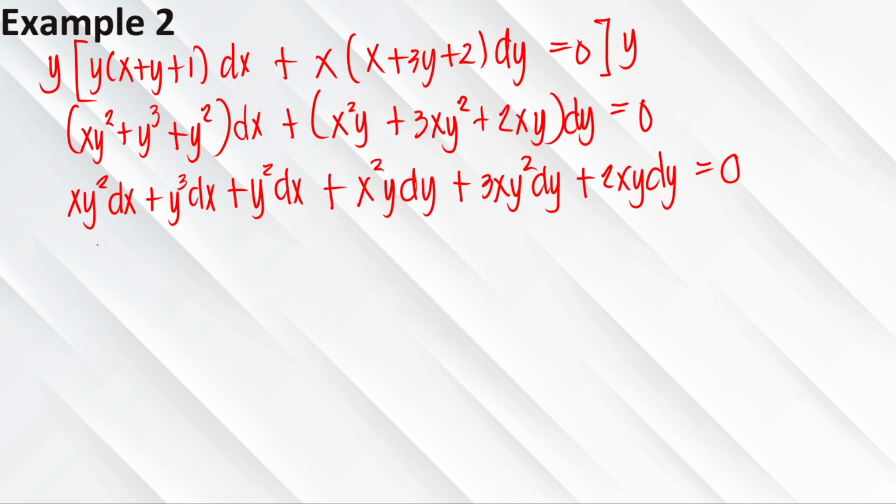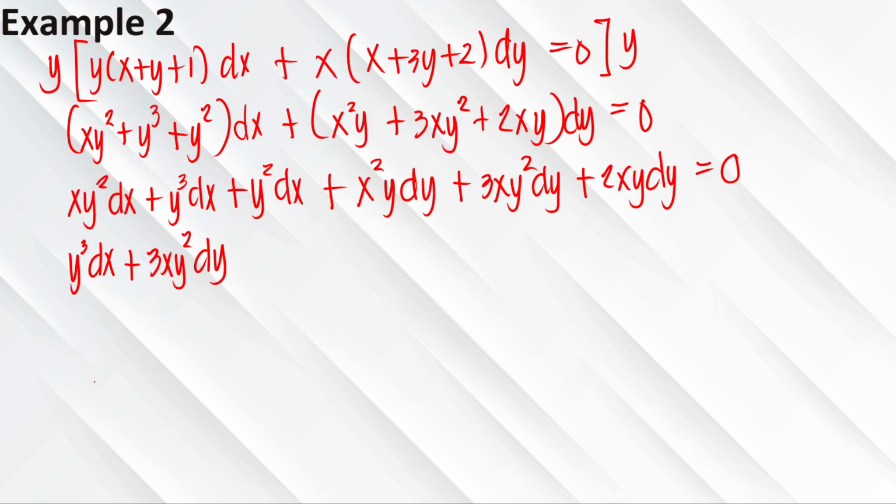Okay, let's start with the obvious na lang, yung y cube at saka yung 3xy squared dy. So we have y cube dx plus 3xy squared dy. Pag ito ang y cube mo ay ang u mo, ang du mo is 3y squared dy. Tapos kung ito ang v mo, ang dv mo is dx lang din. So itong dalawang to ay derivative ng product.